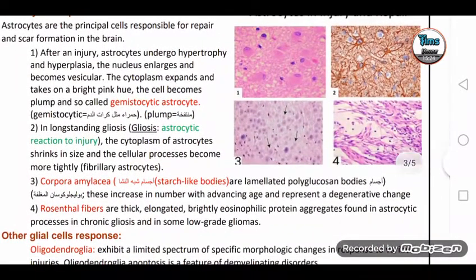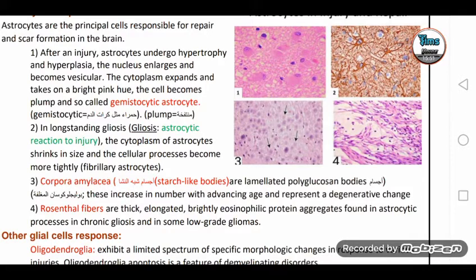Number 3, corpora amylacea. The corpora amylacea are starch-like bodies. They are some kind of inclusions. They are lamellated polyglucosan, so they are made of carbohydrates, and they increase in number with advancing age and represent a degenerative change.